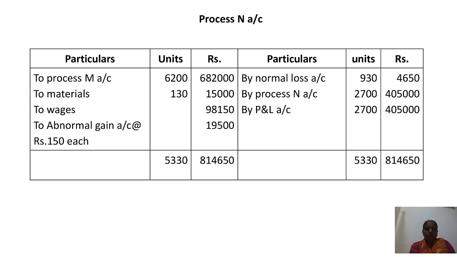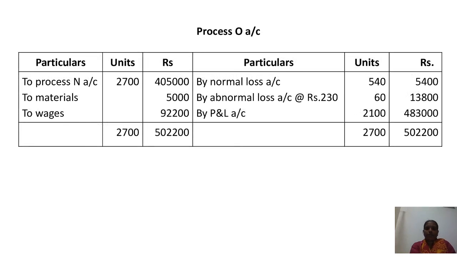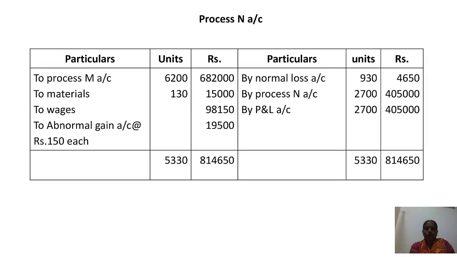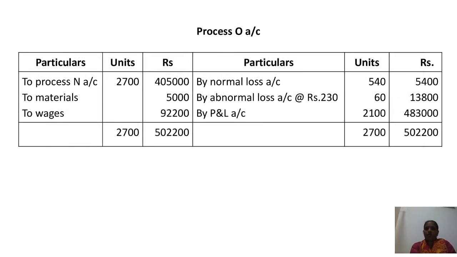Then in the same way we have to write one more account, that is process O account. From process N account we get 2,700 units, that is 4,05,000. Then materials is given in the problem itself, 5,000. Wages is given as 92,200.